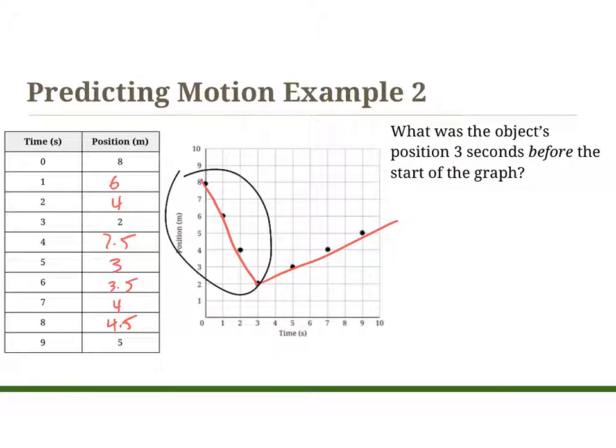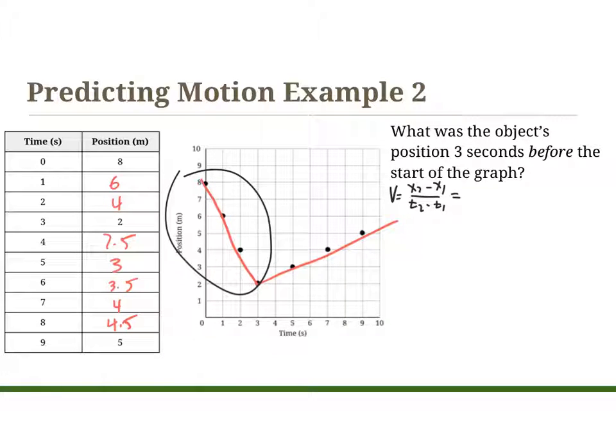So here we go. I am going to calculate my velocity here. Velocity is equal to x2 minus x1 over t2 minus t1.